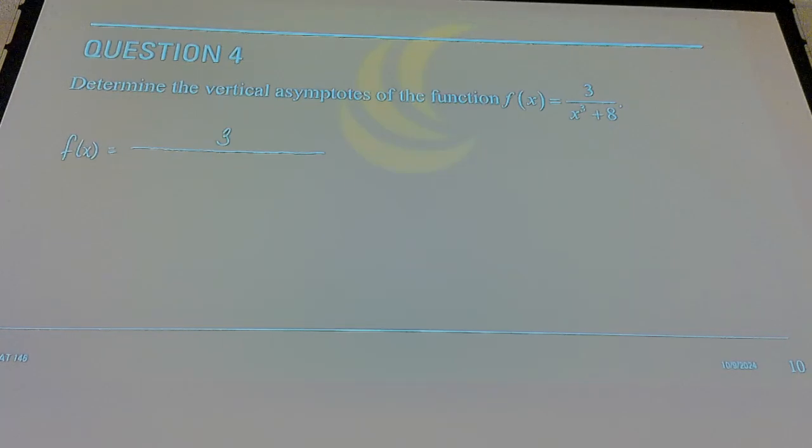This is a special product from algebra. x plus 2 times x squared minus 2x plus 4.